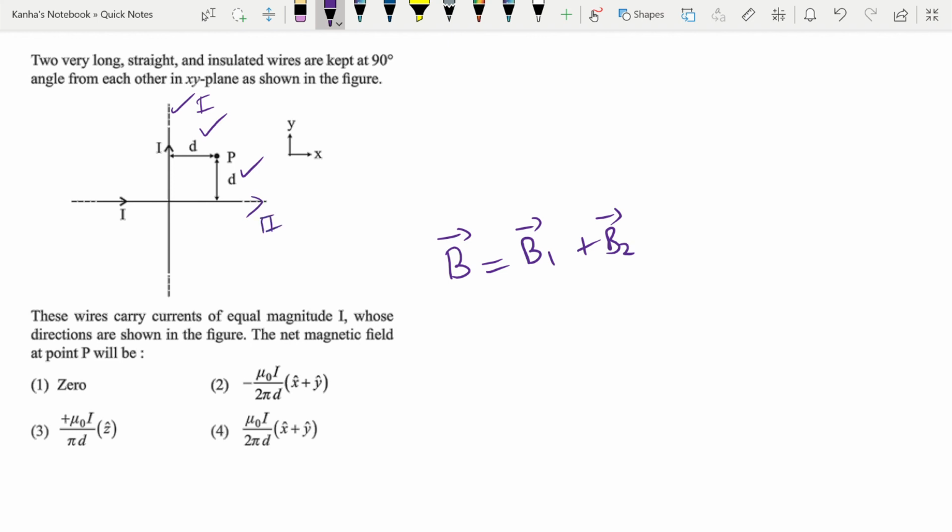Now if you use your right hand thumb rule to find the direction of the magnetic field, for the first wire you see that the magnetic field is going into the plane. For the second wire you see that the magnetic field is coming out of the plane.